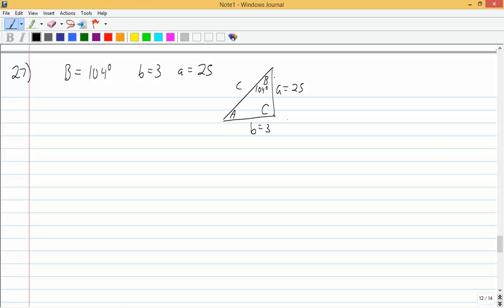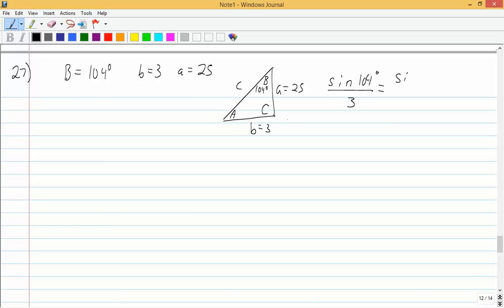I do have a corresponding angle here with a side, so I can use the law of sines. So that is the sine of 104 over 3. I'm going to use that to help me solve for, looks like I'm going to start out and solve for angle A here.